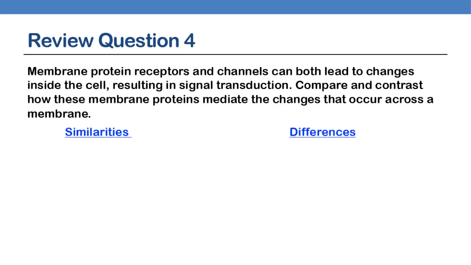All right. Review question 4: membrane protein receptors and channels can both lead to changes inside the cell, resulting in signal transduction. Compare and contrast how these membrane proteins mediate the changes that occur across the membrane. So this is a bit of a review of our membrane proteins.